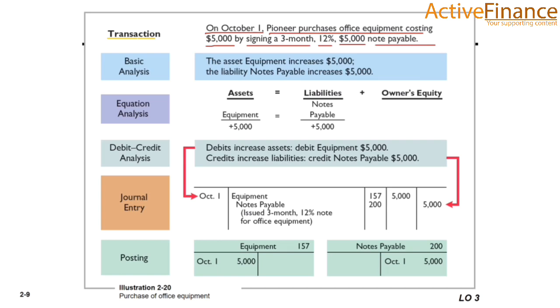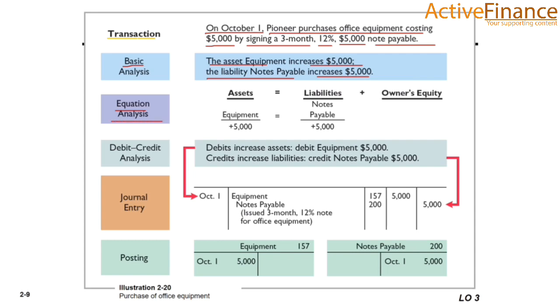So it has purchased the equipment on 3 months credit at 12%. The basic analysis of this transaction is that the asset equipment increased by 5,000, and the liability notes payable increased by 5,000. So this was the basic analysis, and we will perform the equation analysis.